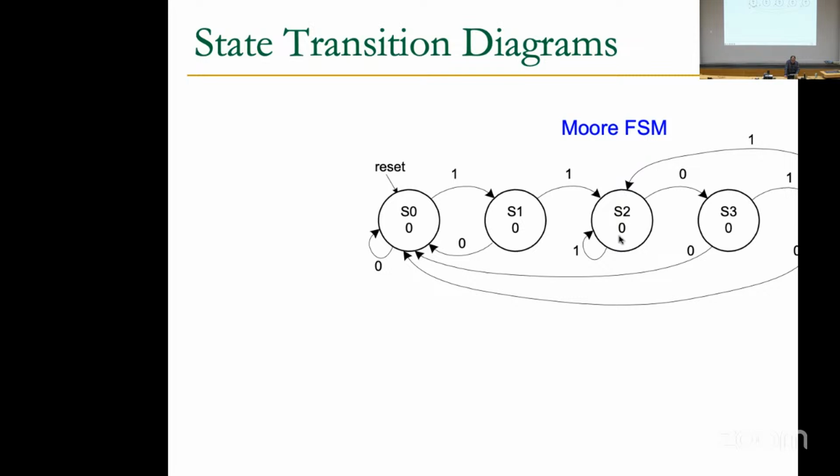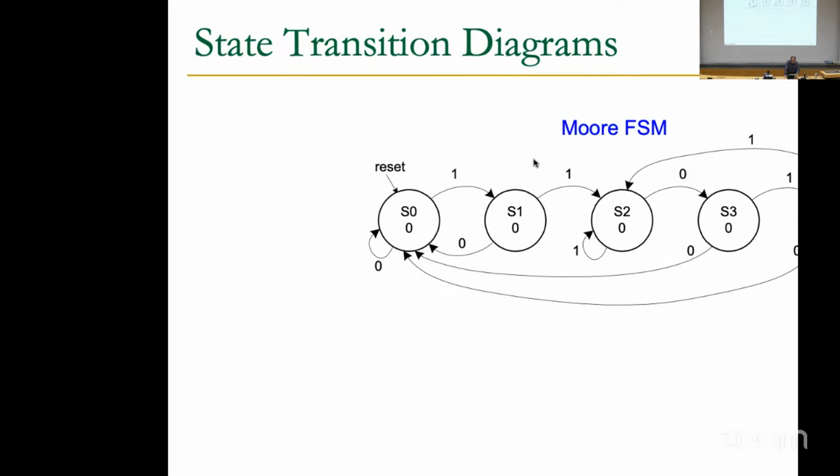So this is a Moore FSM because outputs are specified by the states. There are also some basic transitions here that I can explain a bit more. For example, you see 1, 1. If you see another 1, you should stay here, because this might be the beginning of another 1, 1 pattern. So you keep staying here as you see 1. Or after you get to the final state, if you see 0, you get back to the reset state.